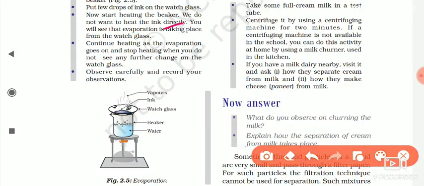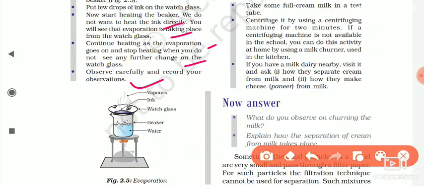Then you will see evaporation is taking place because you heat the beaker containing water. Continue heating as the evaporation goes on and stop heating when you do not see any further change on the watch glass. Means when you are not observing the steam, you just stop it.